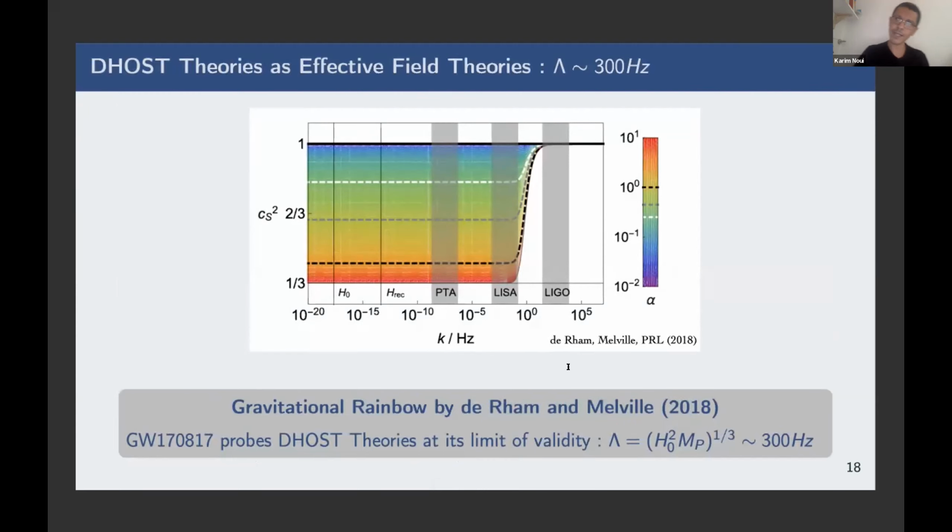In fact, they show that indeed, if you consider a DHOST theory that accounts for dark energy, it has a scale, lambda, and below scale lambda, you cannot trust the theory anymore. And the scale of validity of those theories is at the order of 100 Hertz, and 100 Hertz is also the typical frequency that is analyzed by LIGO and Virgo. So we are really at the domain of validity of those theories.